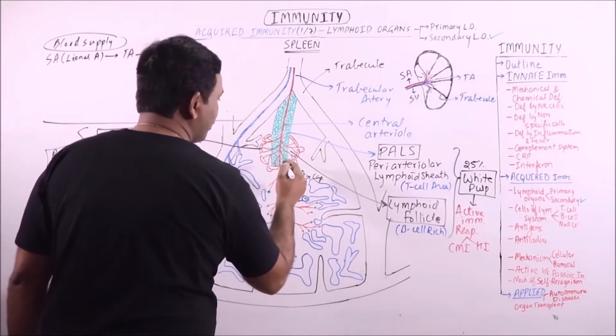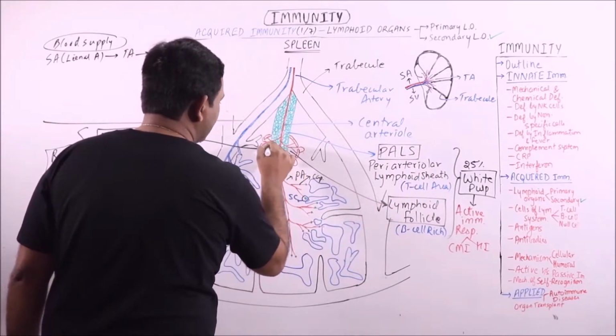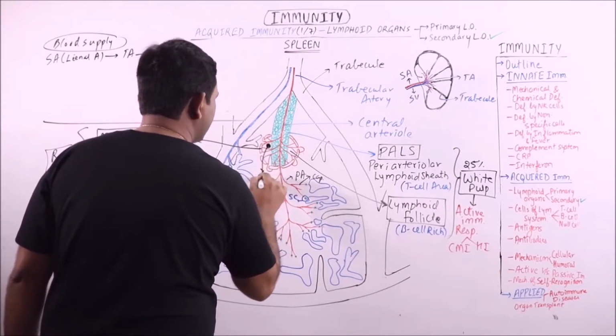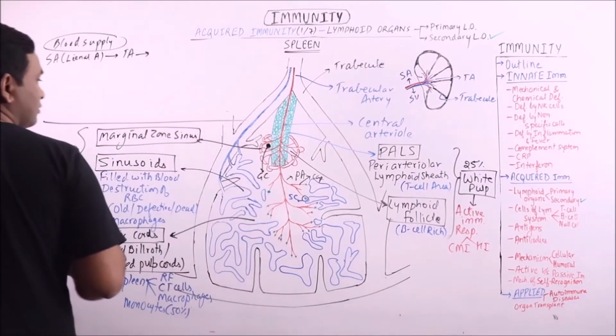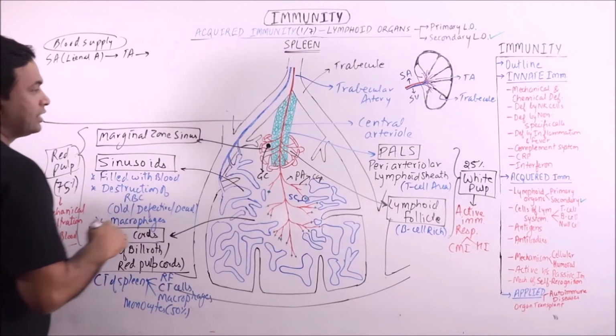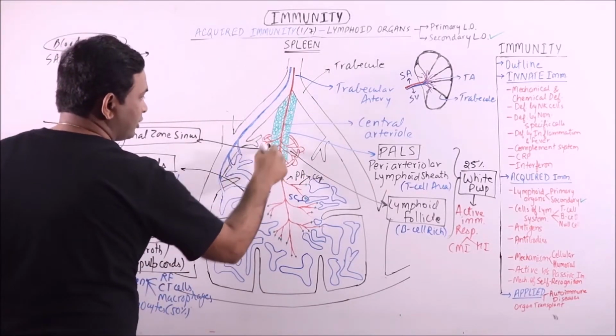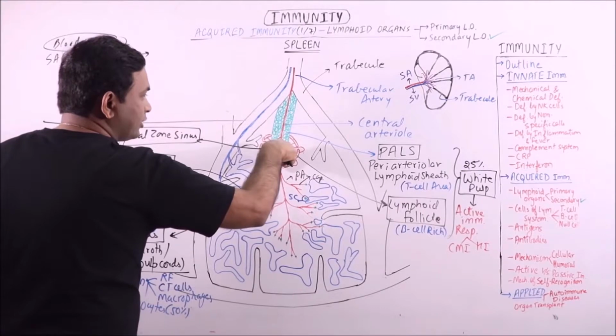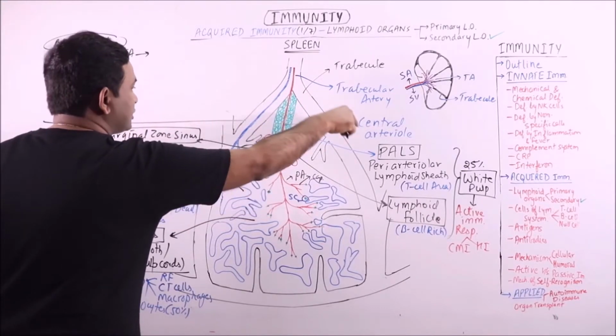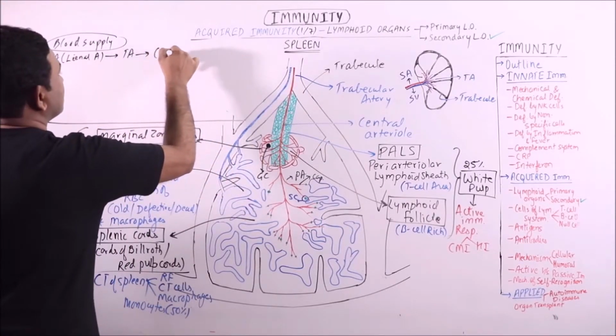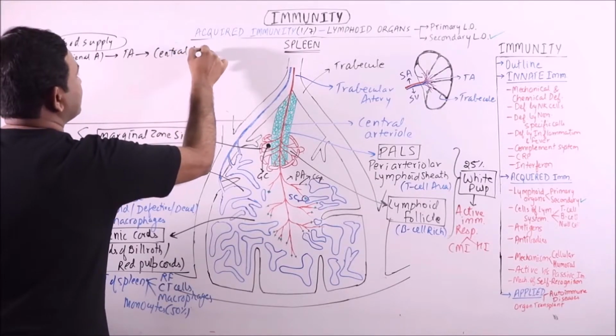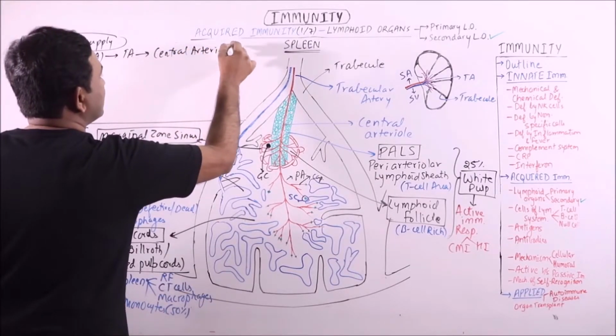Then it enters a lymphoid follicle. There may be some germinal centers also, which develop after interaction with antigen. When it continues into the lymphoid follicle, it becomes the central arteriole.